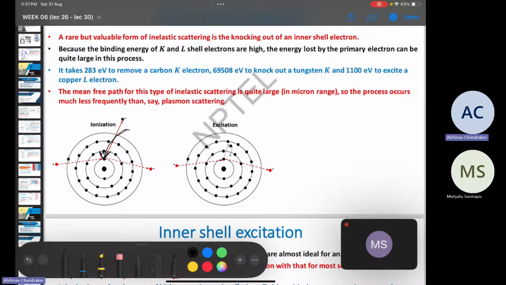Depending on the shell in which the vacancy was and the shell from which the electron moved to the vacancy, a characteristic X-ray of characteristic wavelength will be generated.